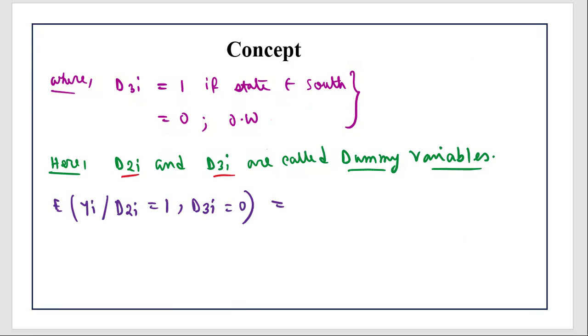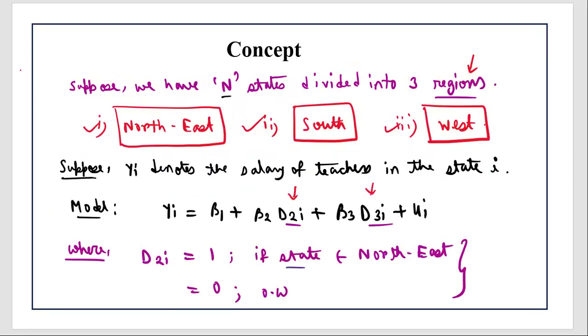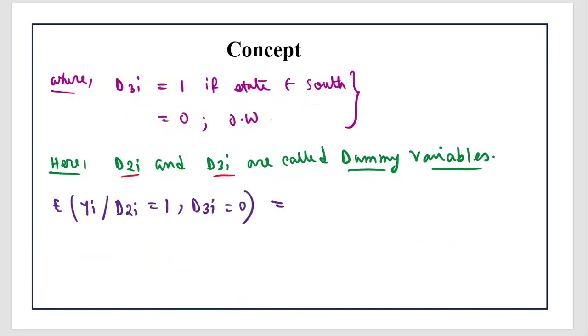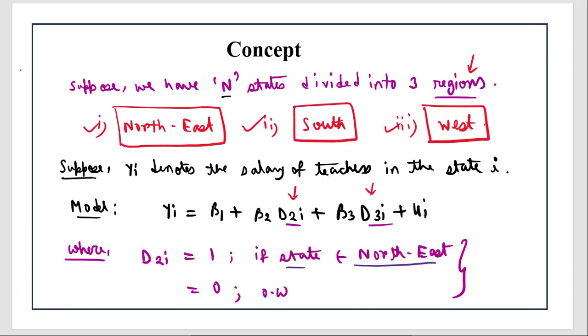If d2i is 1, that means the state actually belongs to the northeast region, and d3i 0 means it is not belonging to the south. Basically, that is why d3i is 0. d3i will take the value 1 if the state belongs to south, which is not the case here. So basically, it represents the average salary of teachers in the northeast region, right? Average salary of teachers in the northeast region.